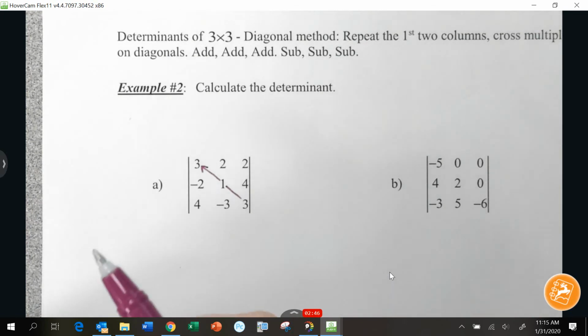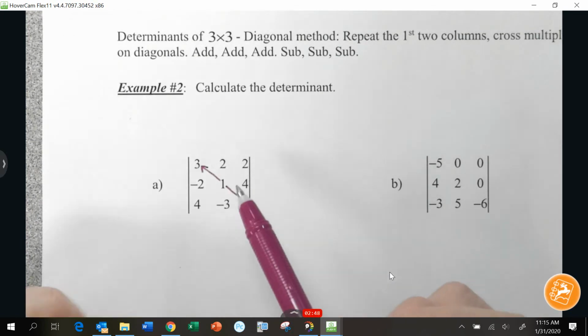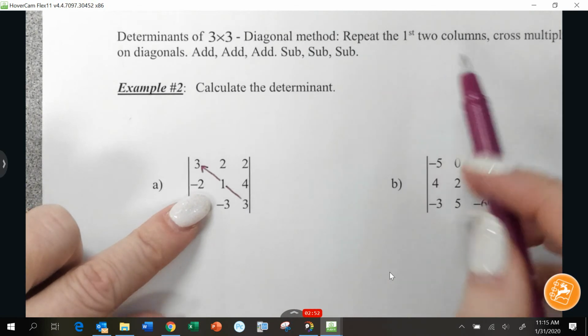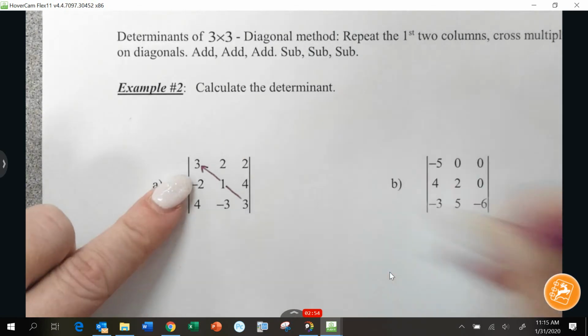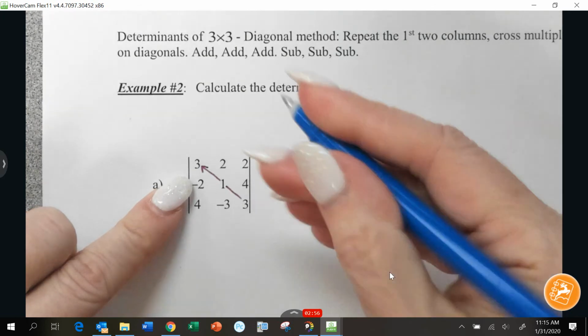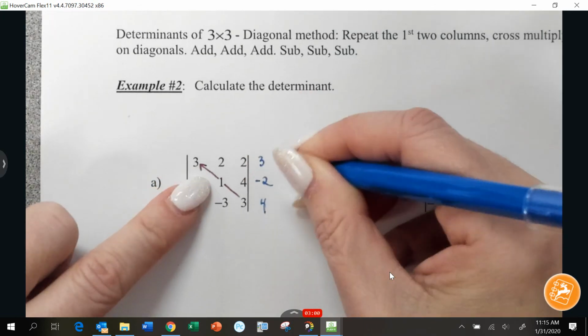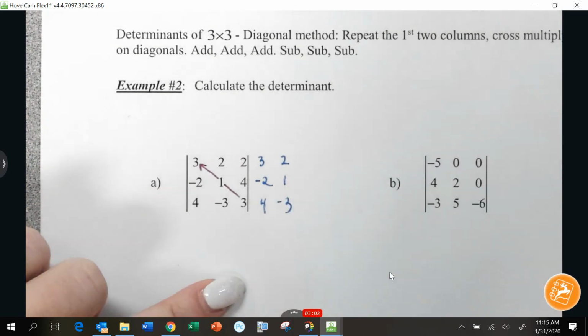So you first have to copy over the first 2 columns. So I have to copy over 3, -2, 4, and then 2, 1, -3.